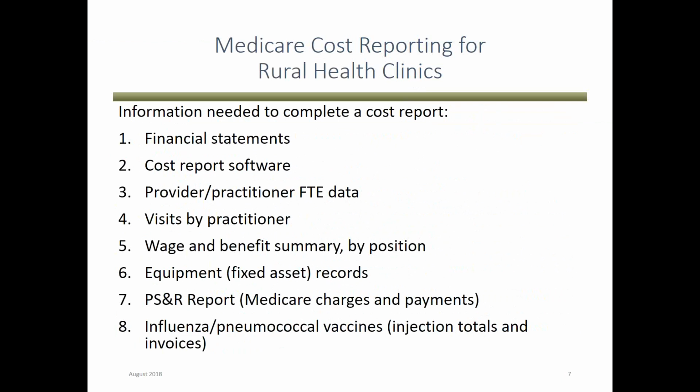The rural health clinic must separate provider costs by type and separate administrative and general costs from the healthcare staff, so that a wage and benefit summary for each position within the rural health clinic is used to identify the wage and benefit cost for each type of practitioner, meaning each physician, nurse practitioner, physician assistant, as well as support staff, including medical support staff and administrative support staff.